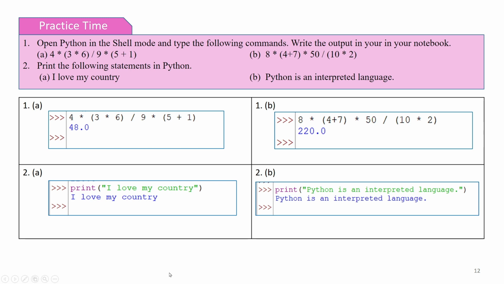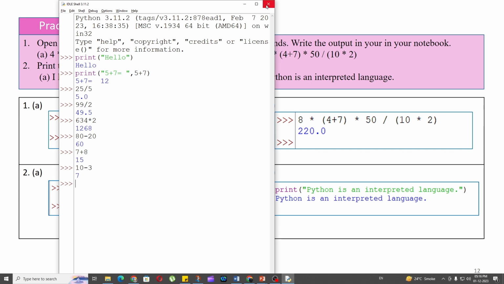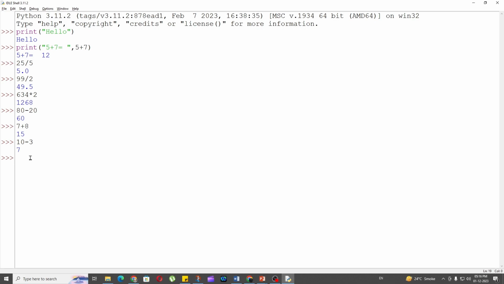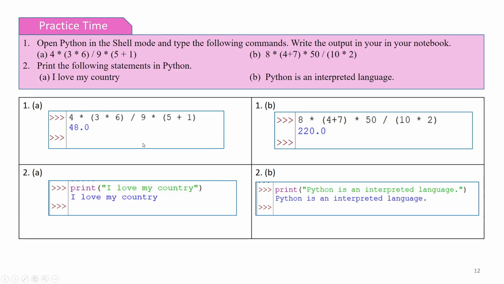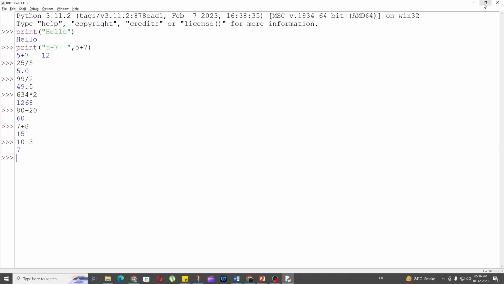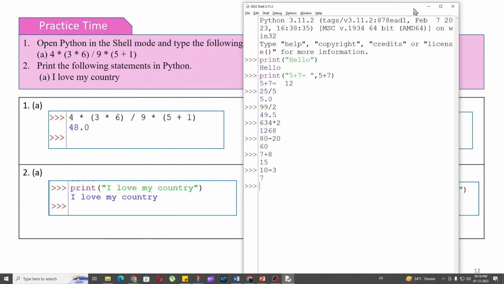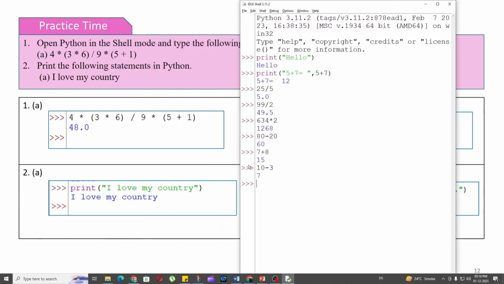So let's do it in front of you here. Wait a minute. What was to be written? Let's see from here. This is 4. Then the asterisk sign, that means the multiplication sign. Then I have given one bracket. Then it is 3.